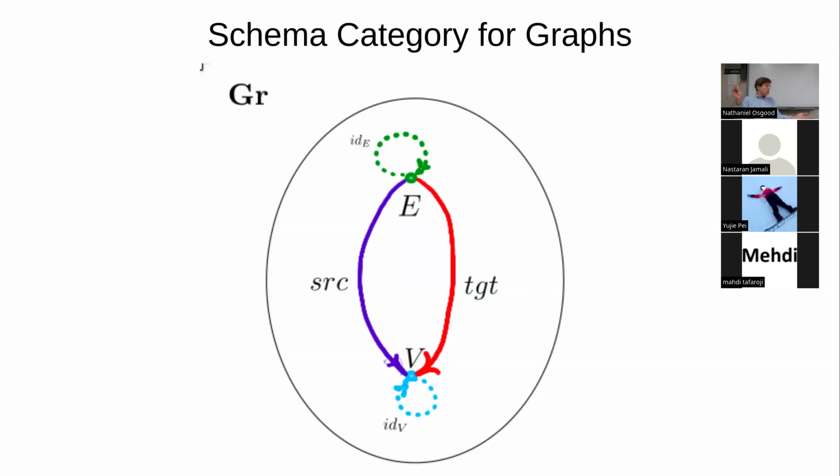We might have multiple edges between two vertices, but for each edge we'll have a source, whence it comes, from which it emanates, and we'll have a target of that edge. Are we okay with that? And each edge will have some identity morphism, and each vertex has an identity morphism.